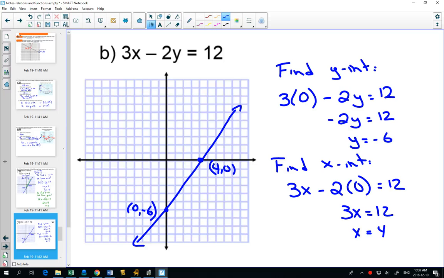One thing you could do on this one is see, could you rearrange this into y equals mx plus b form? I'll write it for you, but it's a challenge. See if later you could rearrange that equation to get y by itself.